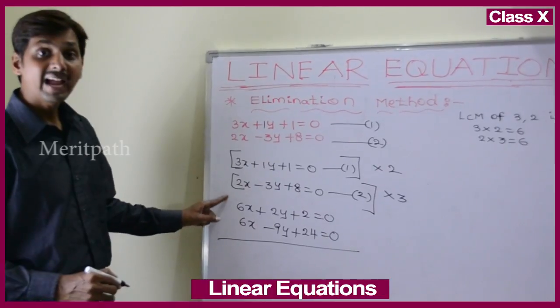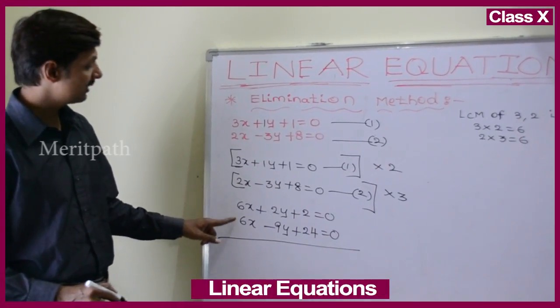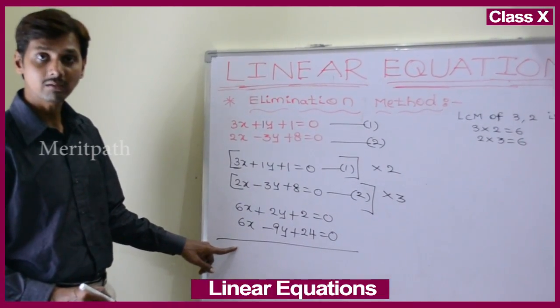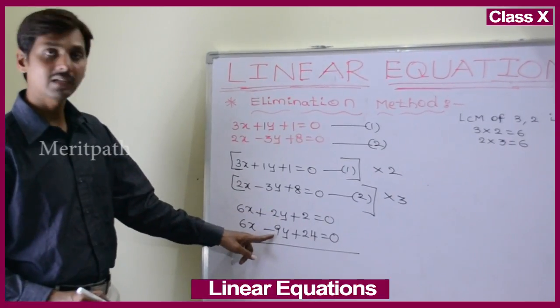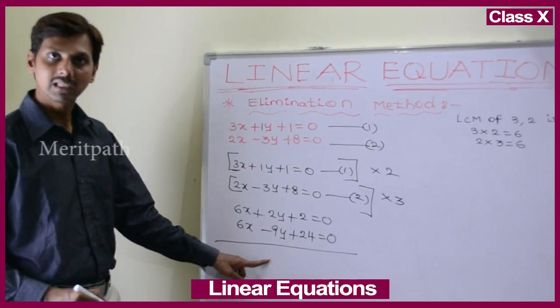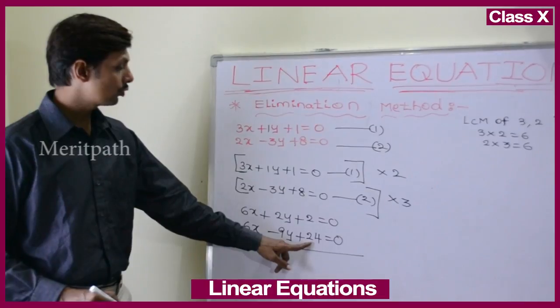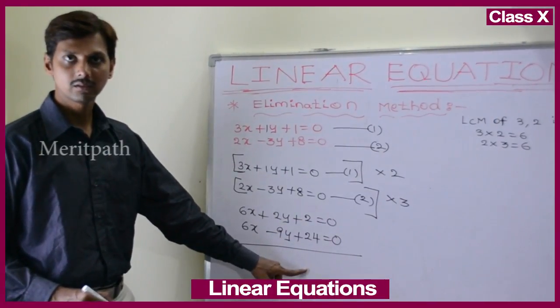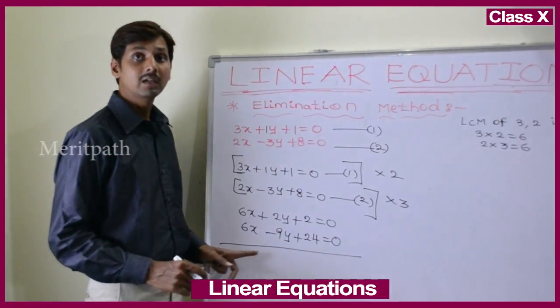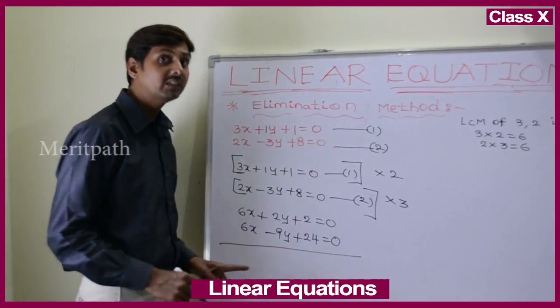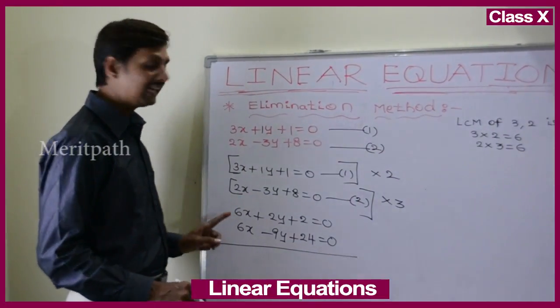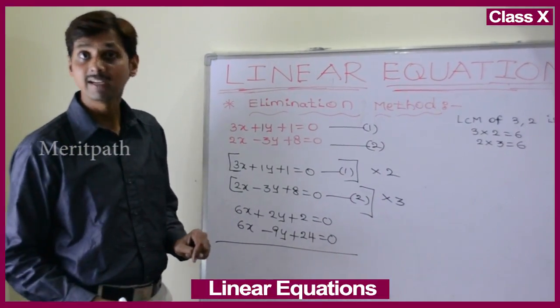Now, if we add these two equations, 6 + 6 becomes 12, 2 - 9 is -7, and 2 + 24 is 26. So we get two variables in one equation. If we add both equations, we do not get any solution.